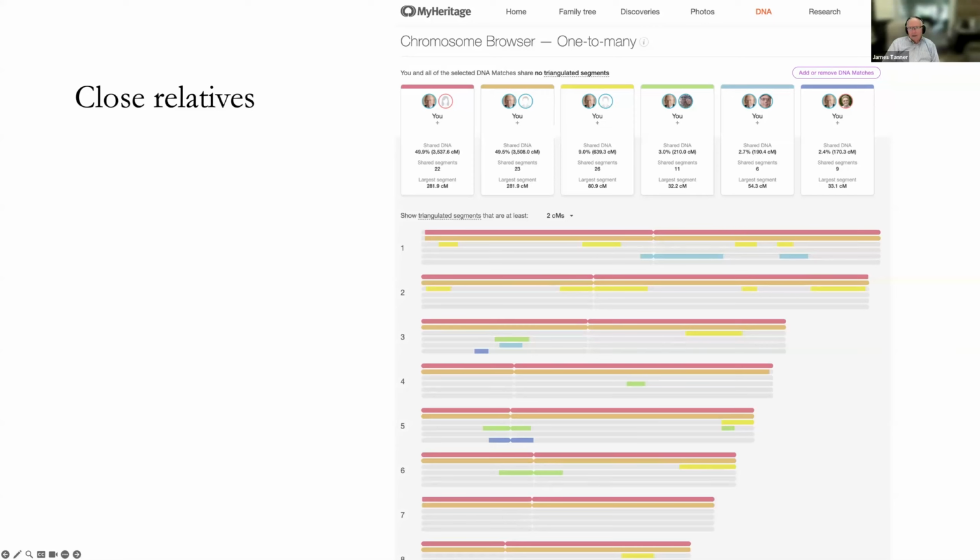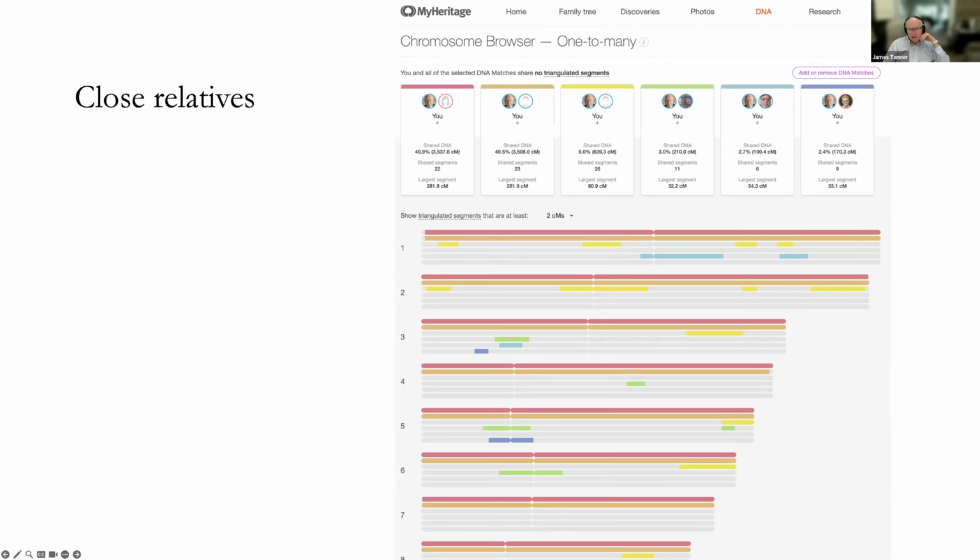Now, granted, you have to understand that you're not going to find someone who hasn't taken a DNA test. So that rules out a lot of people. And you're not going to find somebody on MyHeritage unless they've taken a MyHeritage test. So if you're really looking for a very close relative like your parents or a sibling, then you should take as many tests as you can afford.